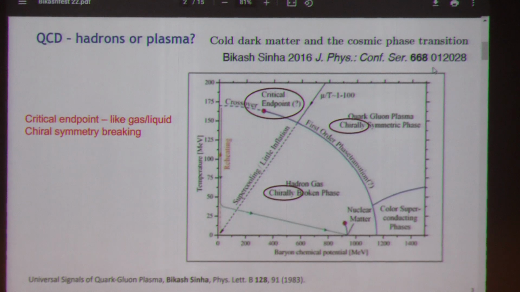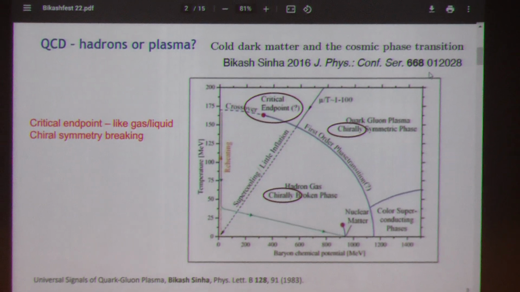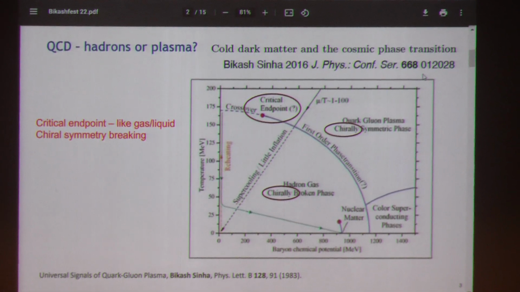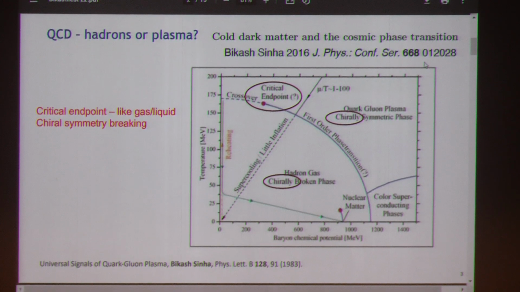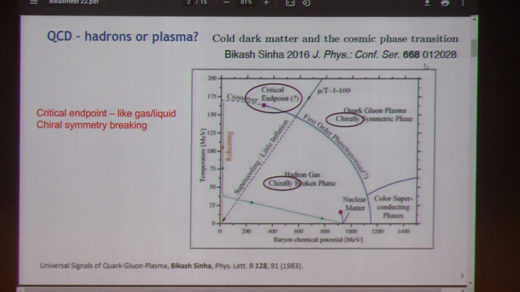There's a boundary between that, marked here as first-order phase transition. And like all good first-order phase transitions, what's interesting about it, of course, is that it can have a critical endpoint. This is rather like the gas-liquid endpoint in a gas-liquid transition, separating these two phases.